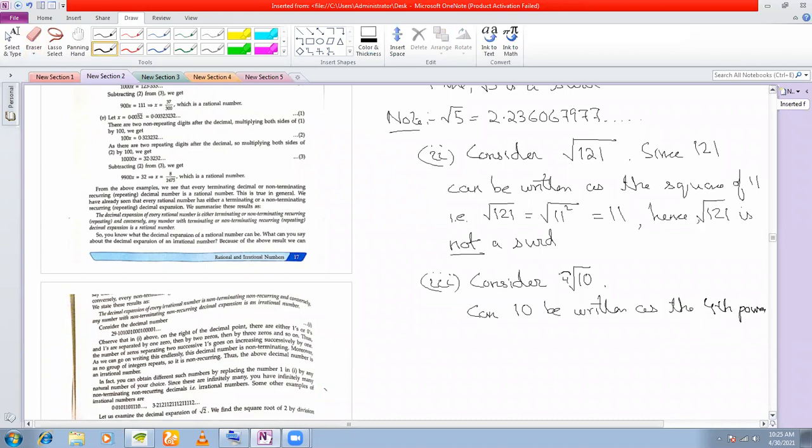Because here we have the fourth root. Can 10 be written as 2 to the power of 4, 3 to the power of 4, or 5 to the power of 4? No, it cannot be written. Hence, the fourth root of 10 is a surd.